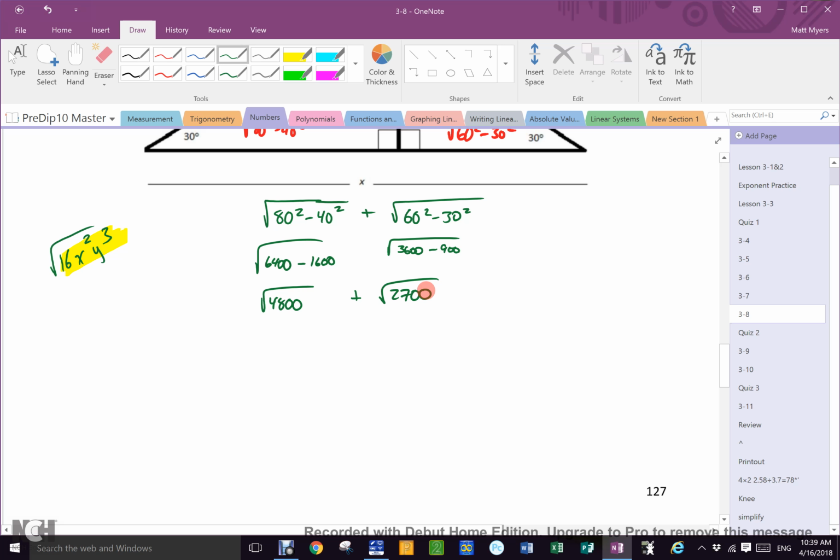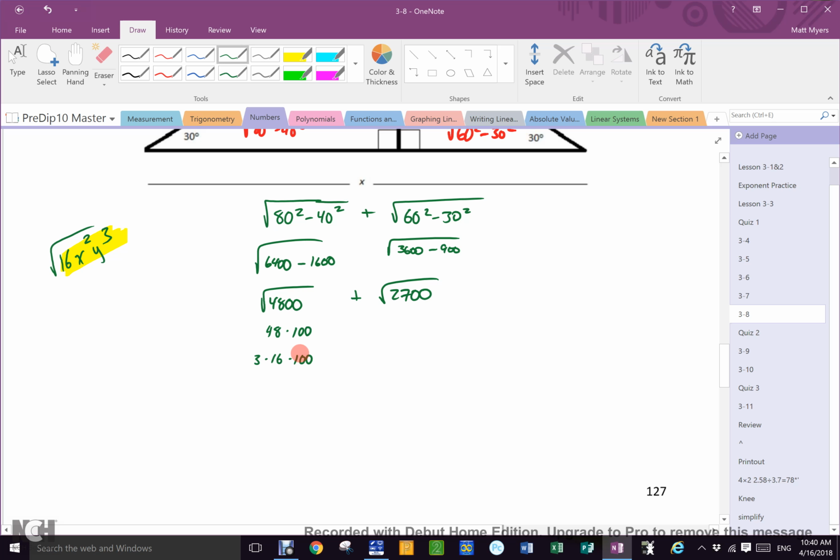Now, would you use those? Can I add those? I can't add those right now, can I, Aronica? What do I need to do? Simplify. I would make this 48 times 100. Then I would make it 3 times 16 times 100.